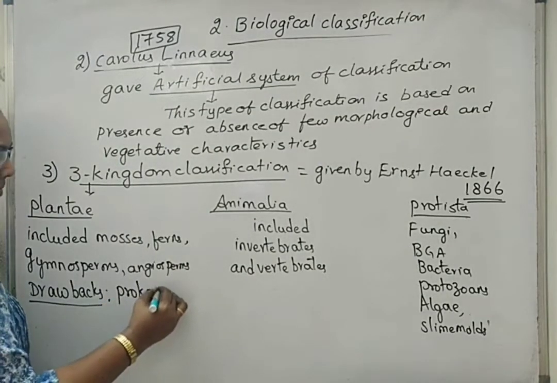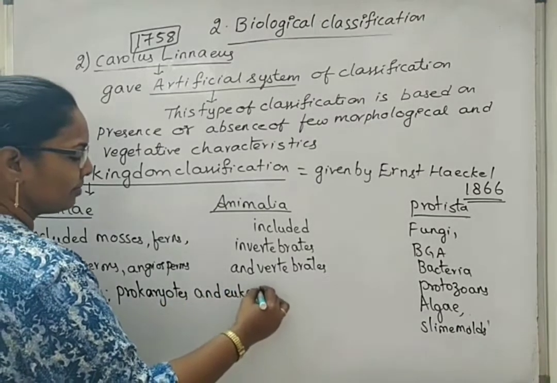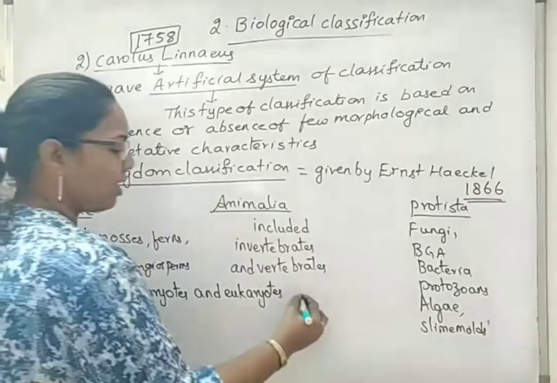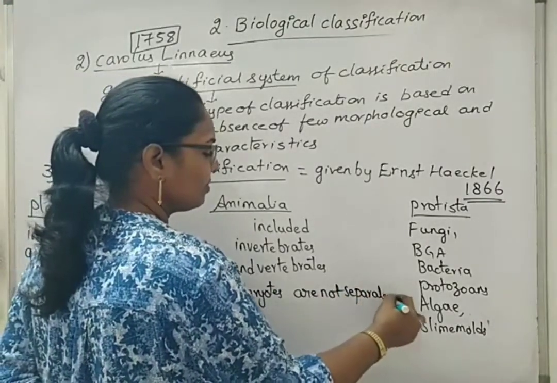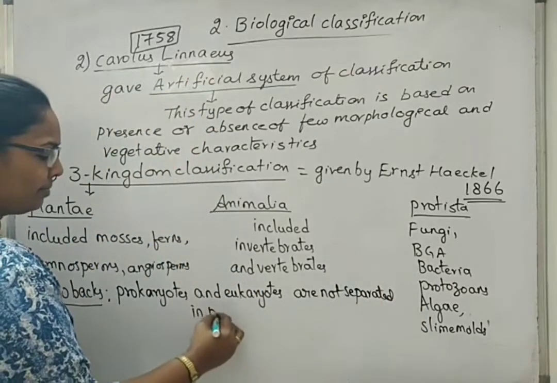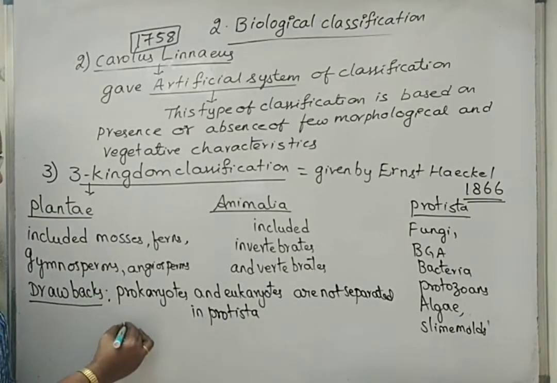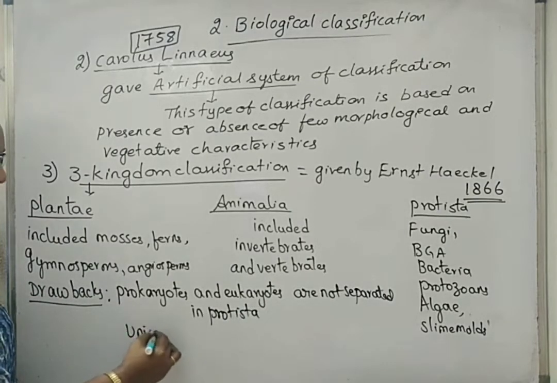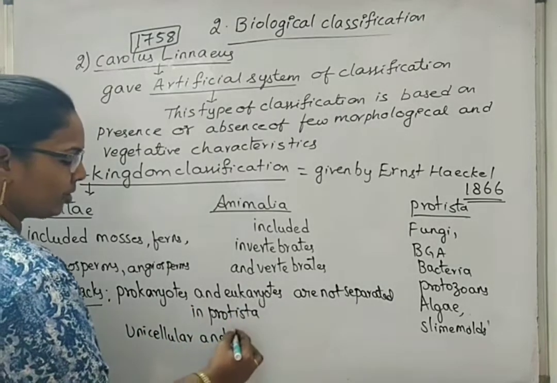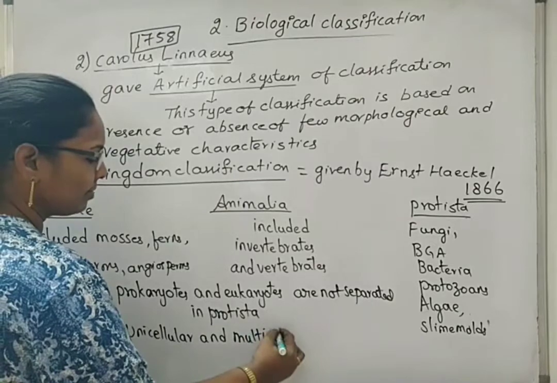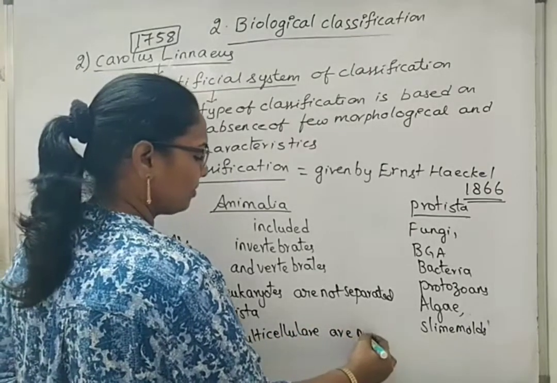Prokaryotes and eukaryotes are not separated in Protista. Next, another point we can write: prokaryotes, unicellular, and eukaryotes, multicellular, are not separated in Protista.